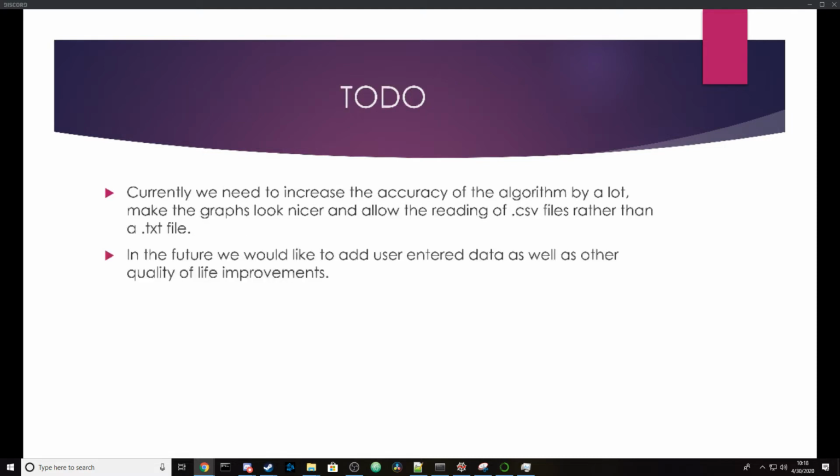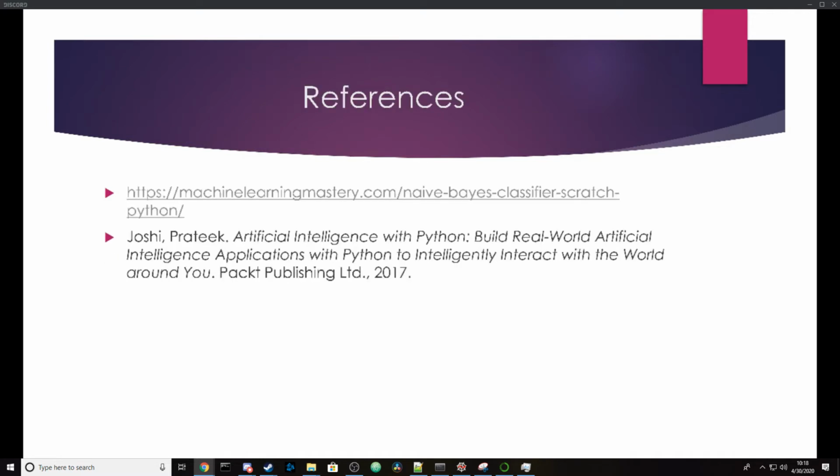We wanted to increase the accuracy of the algorithm by a lot, make the graphs look nicer, and allow the reading of .csv files rather than a text file. In the future, we would like to add user-entered data so they could just enter their own data on the program, as well as other quality of life improvements. Those are our references.